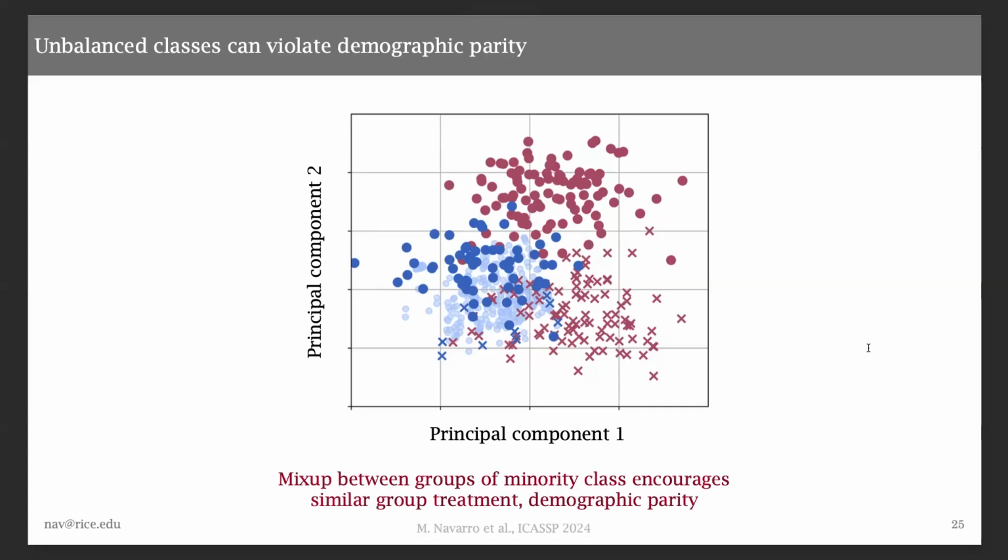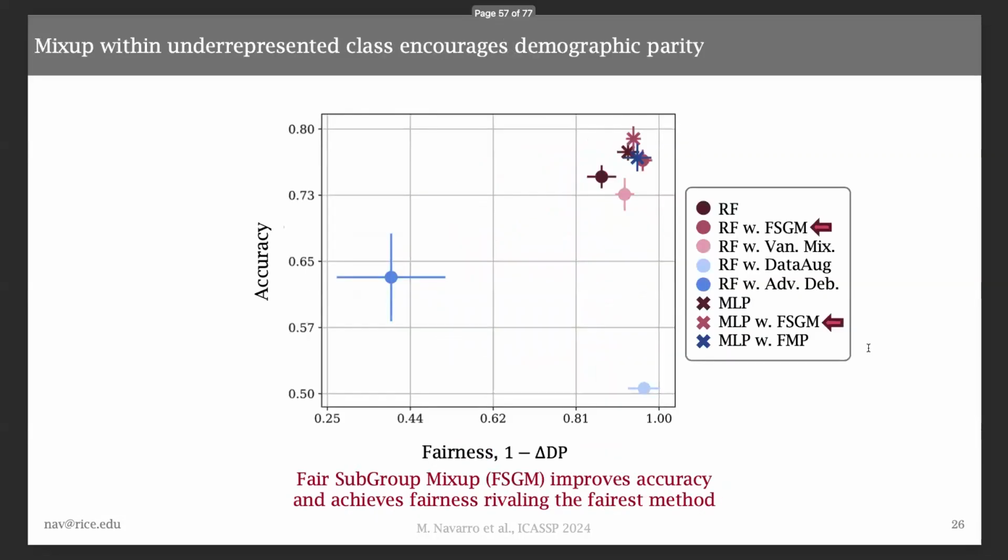And we're encouraging demographic parity here because we're trying to encourage the model to treat both groups for that particular underrepresented class the same. Okay, so we compare with the same baselines, and for a random forest, again, we see that we're improving both fairness and accuracy. And then for the multi-layer perceptron, we can improve classification while being competitive in terms of fairness.